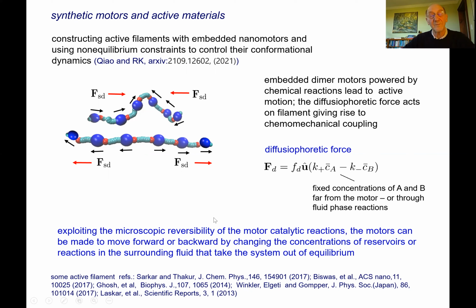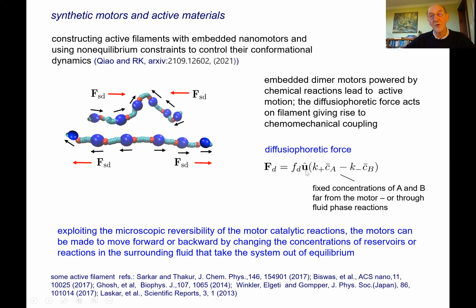In any event, the interesting point I want to mention is that not only do these motors serve as the activating elements in the filament, but by controlling the reservoir concentrations, I can make the motors move either forward or backward. If the motors move forward, they tend to crumple the filament, whereas if they move backward, they tend to expand the filament.